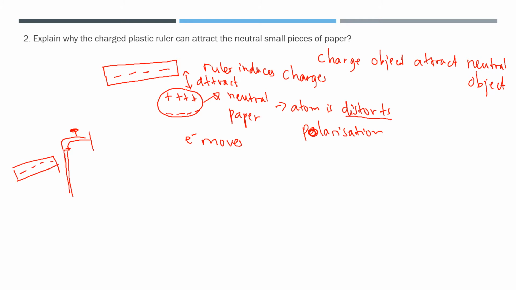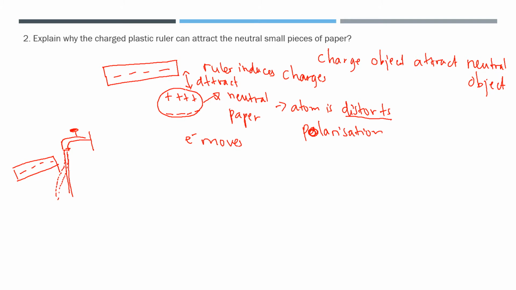What will happen? The ruler will polarize the water here, so the water is attracted. This will be the new pathway of the water. It will bend closer to the charged object.